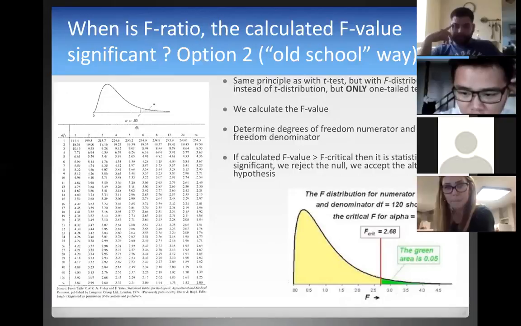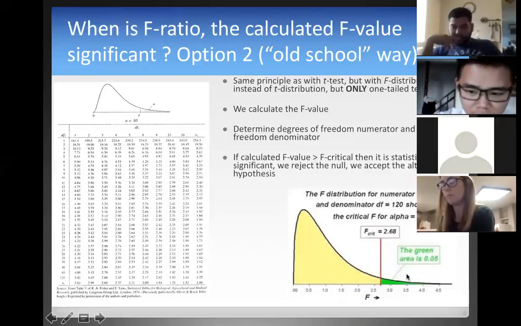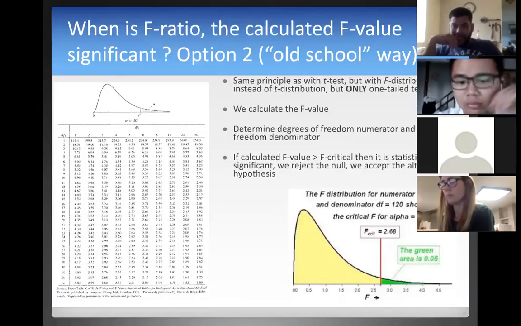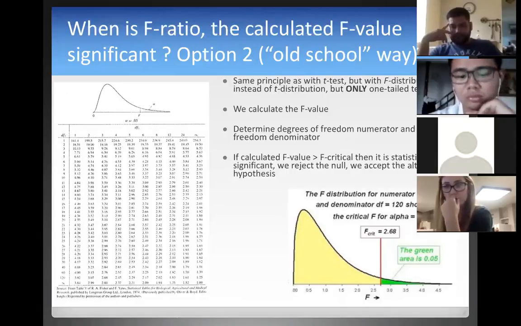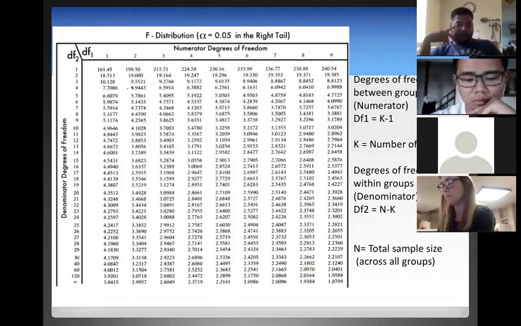We said if it's a lower than 5% probability of this F value occurring, then we conclude that the between variation is bigger than within. And then we just know that there is a difference somewhere between the groups, but we don't know exactly where yet, okay?